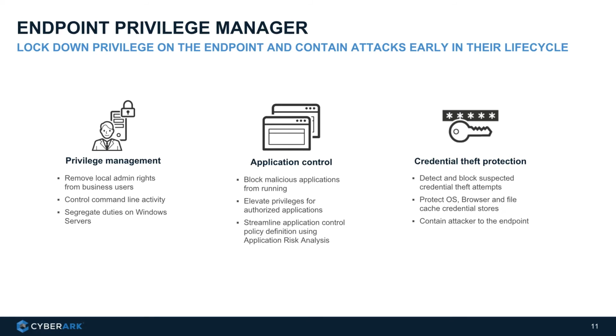So let's talk about how this actually works, or what the end user experience is like. CyberArk's Endpoint Privilege Manager is an agent that would get installed onto a target system. That target system in this case will be the user's workstation, as an example. We'll define policy centrally, and then that policy will get pushed to the agent that sits on the end user's workstation.